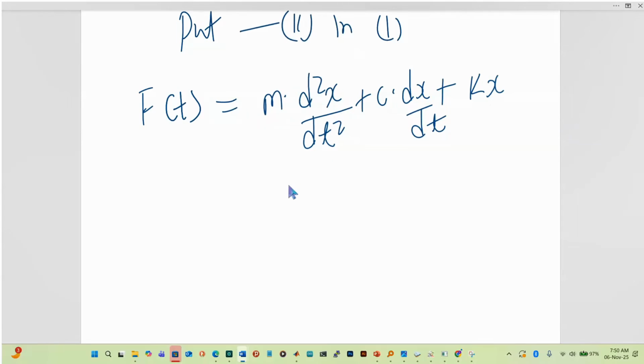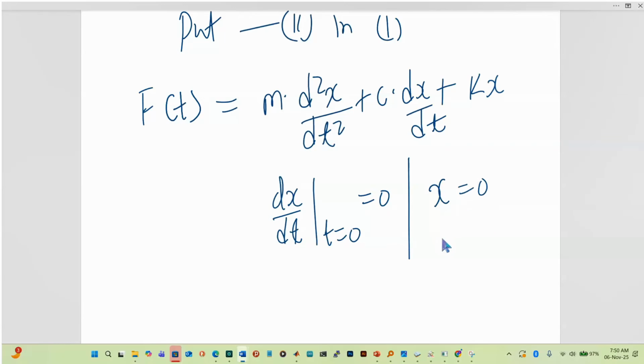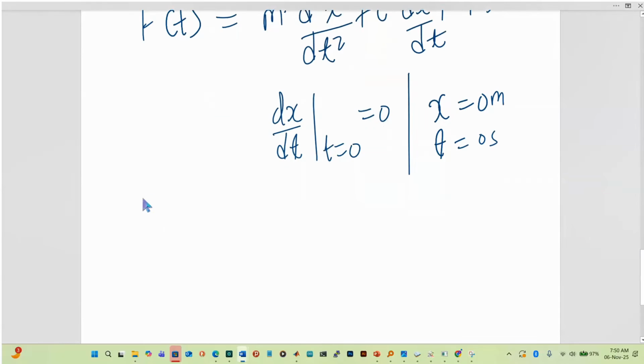We are going to assume that dx by dt at t equal to 0 is 0, and we also assume that x is equal to 0 at t equal to 0. In other words, the displacement has not taken place. Let us say this is in meters, this is in seconds. If that is the case, take the Laplace transform.